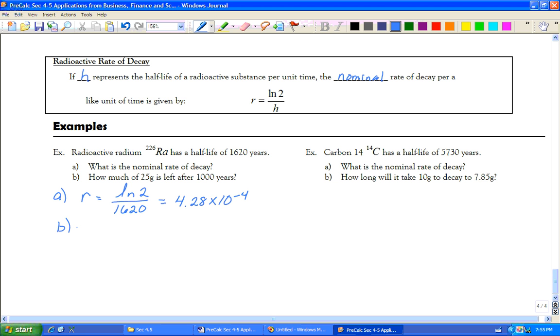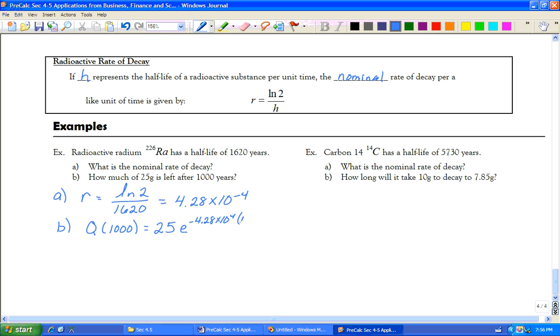Part B, how much of 25 grams is left after 1,000 years? Well, that's Q of 1,000. That's what we're trying to find, is equal to our initial amount of 25 grams times e raised to the negative power, because we're decaying, so we have to do the negative of our rate, which we just calculated.